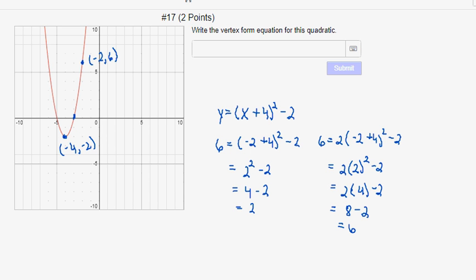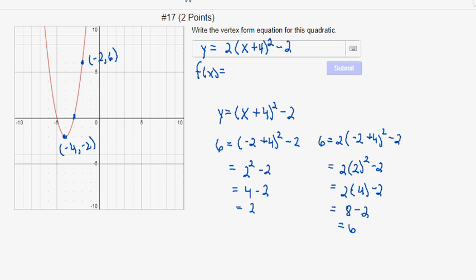So our equation here, and this is something I didn't take points off for, but it says write the vertex form equation. So you need to have y equals or f of x equals 2 times x plus 4 squared minus 2.